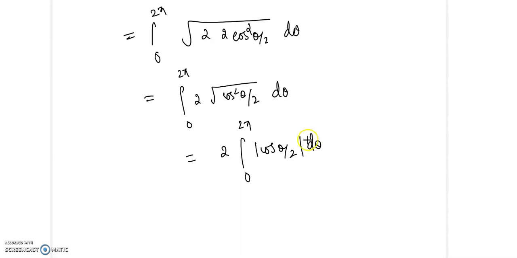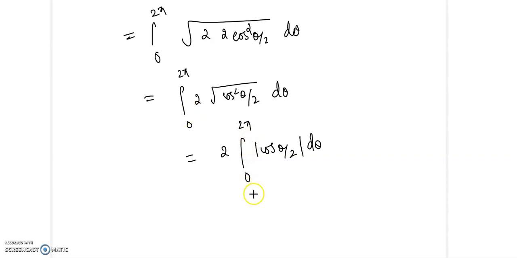Now when we take mod cos theta by 2 d theta, we need to actually split this integral and solve, because there are regions where cos is positive and cos is negative.